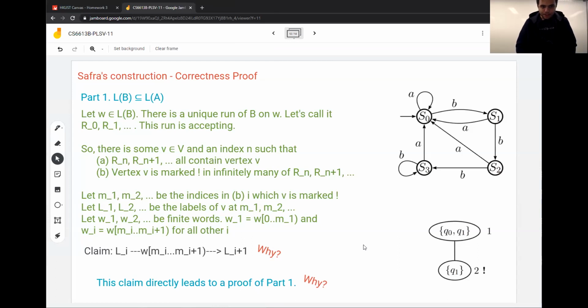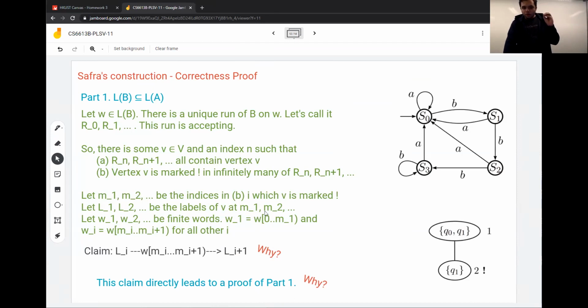Okay, so what am I saying? Let's again look at what these indices Mi were. So Mi was the index where we saw a Safra tree that contained that vertex V and also contained an exclamation mark next to V, right?